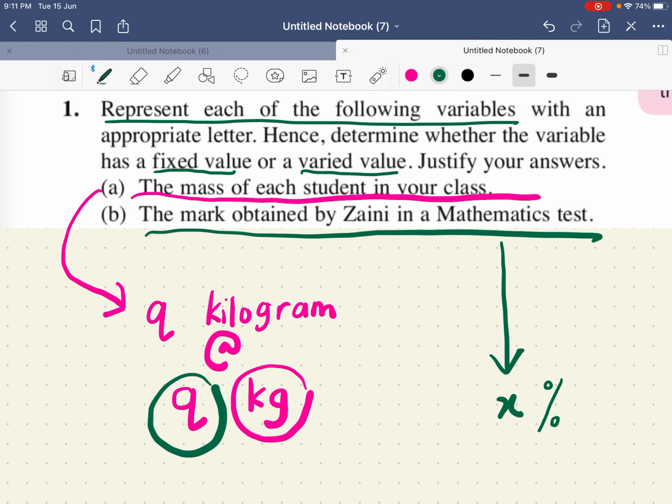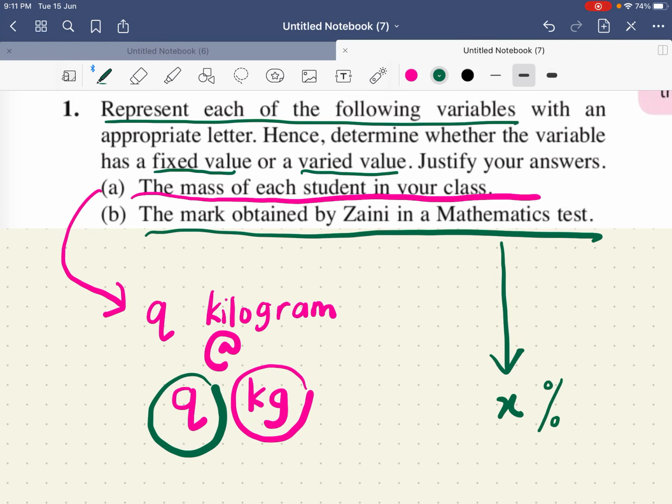Sebab kita unknown, tak tahu, kita represent. It can be anything. Okay, it can be A%, B%, C%, tapi tak payahlah bagi banyak-banyak, bagi satu jawapan je. Okay, for this case, I would like to use it as X%.